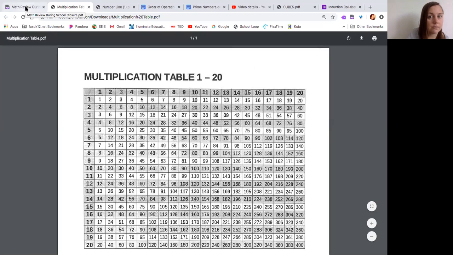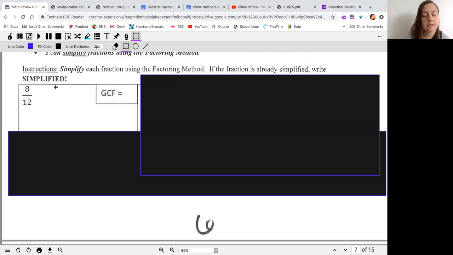Okay, so we can write this another way. Okay, so 4, oops, just kidding. 4 times 2 is 8, and 4 times 3 is 12. So the 4s, I'm going to write over here for my greatest common factor.